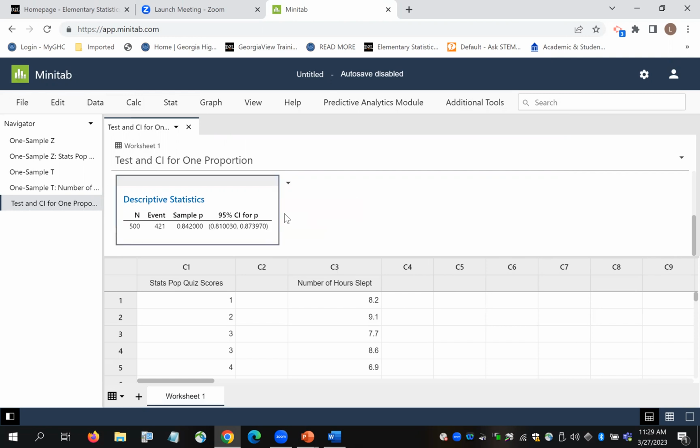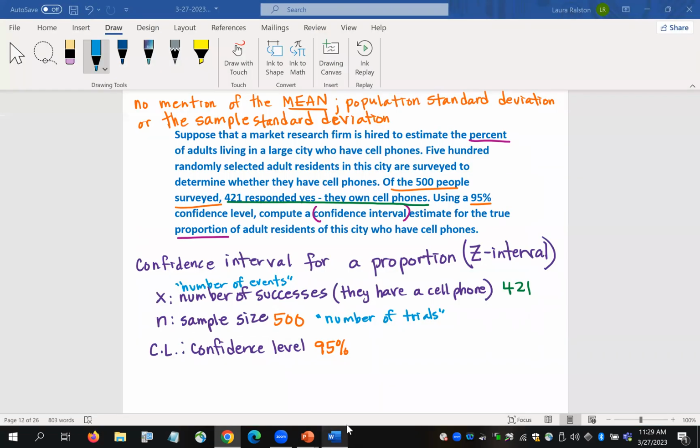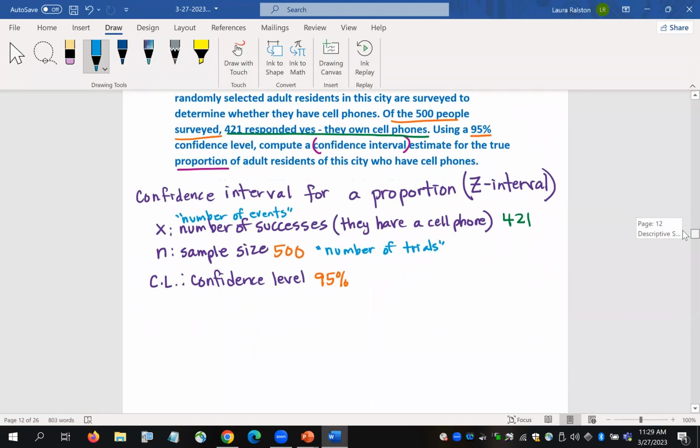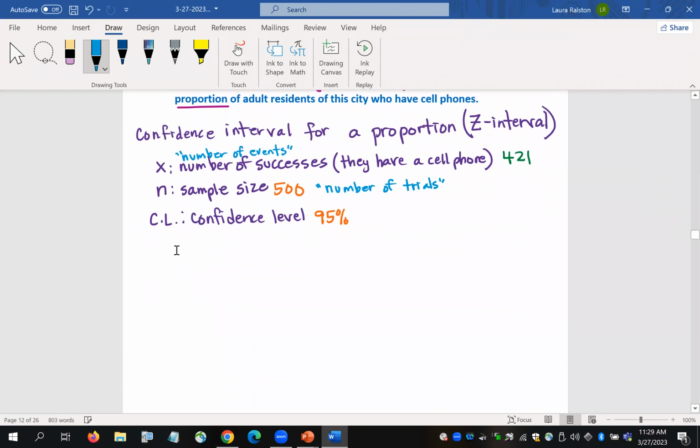So I'm going to copy this. It tells me, again, N is my sample size. Event is my number of successes.